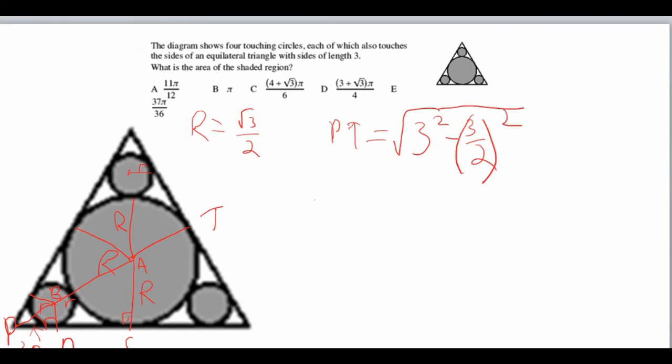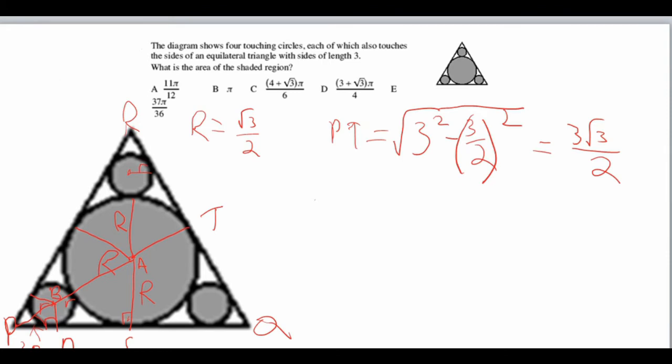Remember that for PT, we can have a triangle if I call this Q and this R. You can have the triangle PTQ with sides equal to the length of the equilateral triangle, which is 3, and half the length of the equilateral triangle, which is 3 over 2. And then because of that, we can start using Pythagoras' theorem with these two sides to find out the length PT. And so we'll get PT is equal to 3 root 3 over 2.